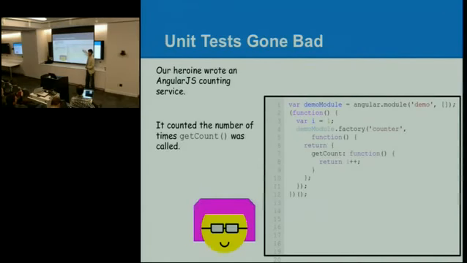What this counting service does is it simply has one function on it called getCount that simply returns the value of a global variable i and then increments that variable by 1. And so no matter where we are in the app, we can always tell how many times this simple counter service was called. Easy peasy.